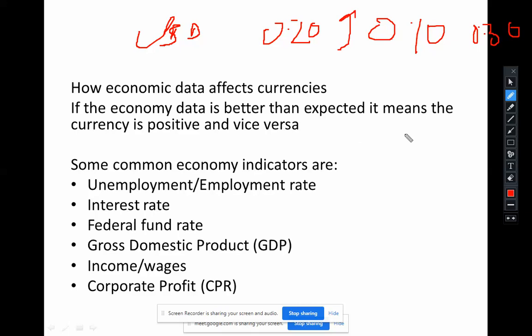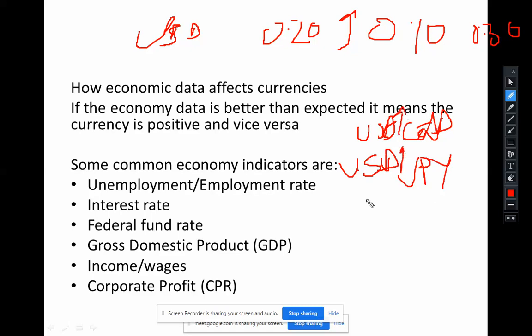So any currency with USD first will be positive, just like USD CAD, USD JPY. So USD here is bullish, that means we are buying.